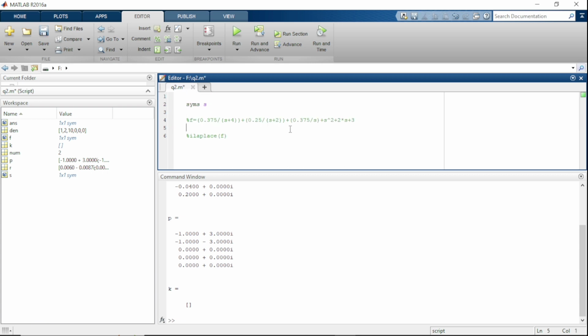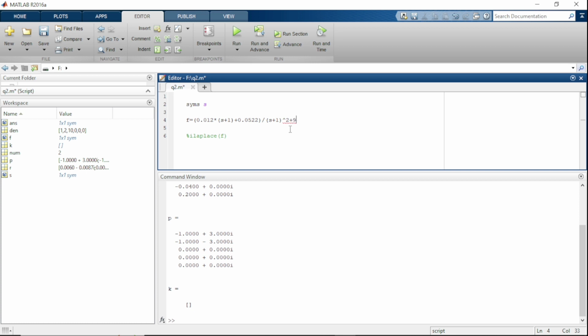Okay, then write the function: 0.012 multiplied with (s plus 1), plus 0.0522, closing this bracket, divided by (s plus 1) whole square plus 9.